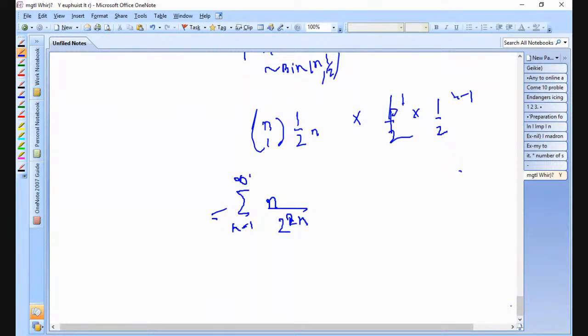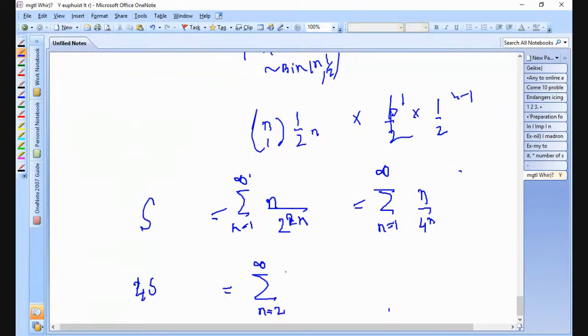Perfect. So what do we get now? We use the AGM series. If this is S, then we find 4S. You can understand it's summation of N from 1 to infinity N by 4 to the power N. That's why I multiplied by 4S.